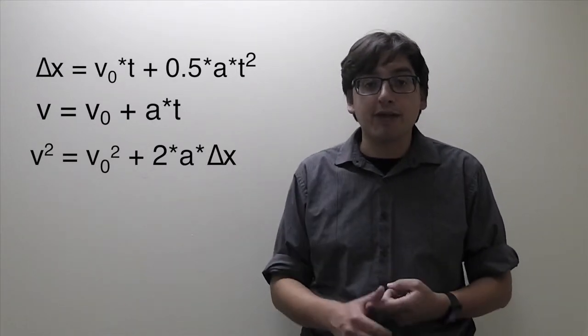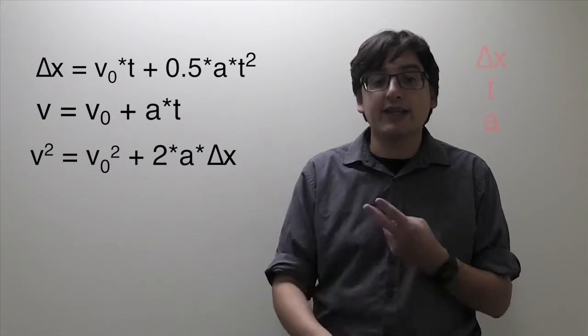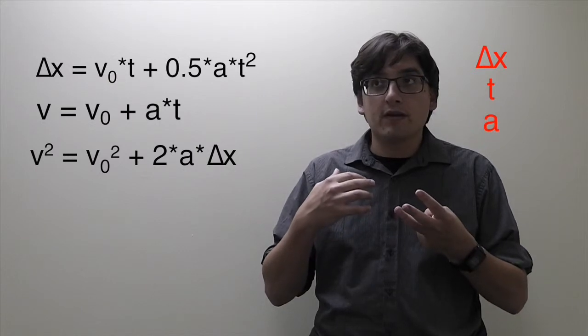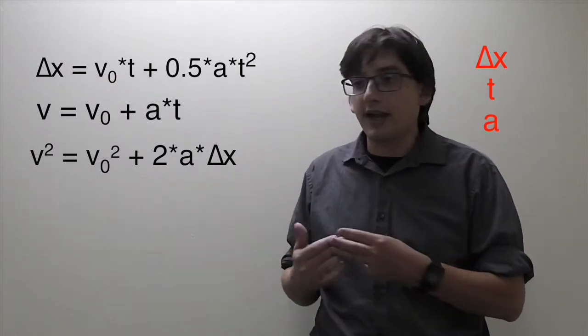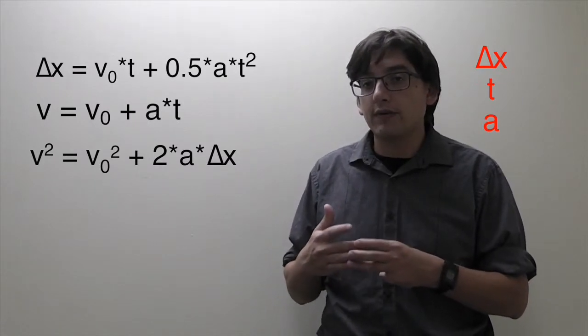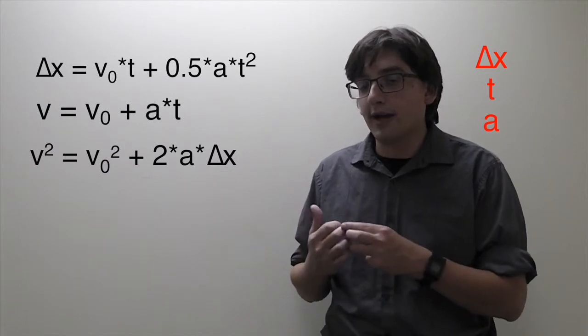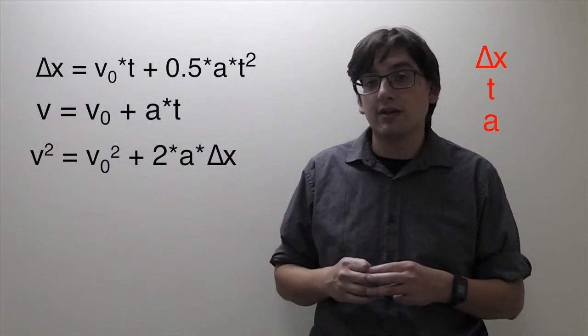So for example, if I'm given a problem and I have delta x, I have t, I have a, I've got delta x, I've got t, and I've got a. I could solve for v naught if I plug in the first equation, right?